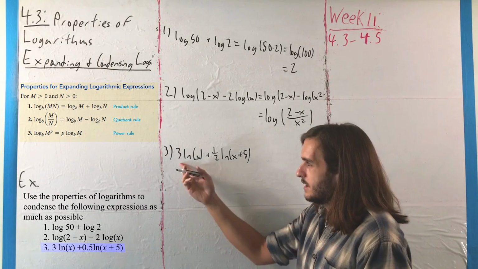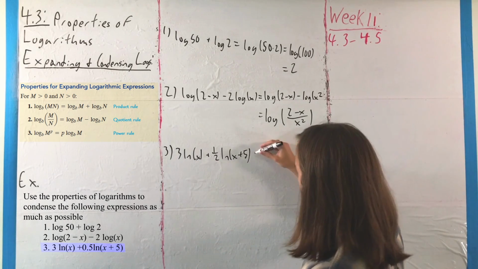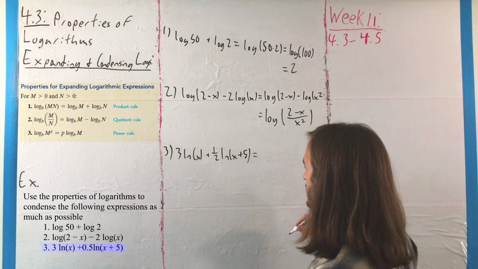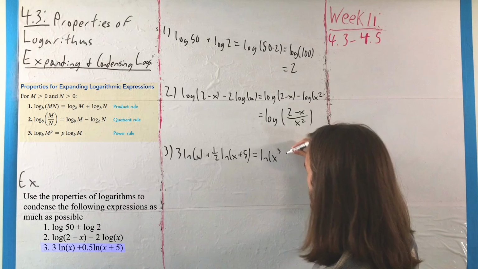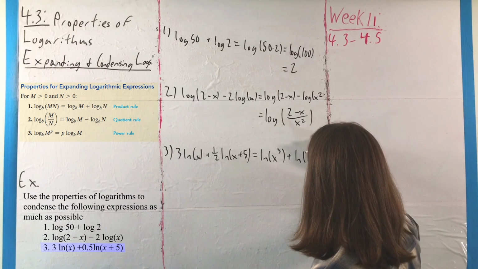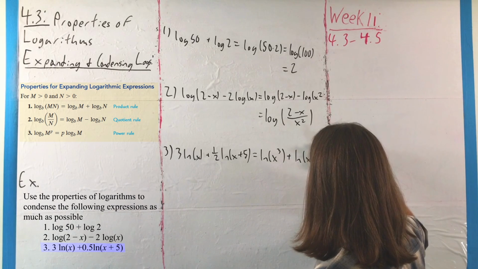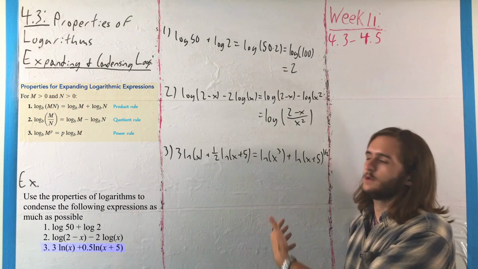But here, I like getting my logarithms as matched up as possible first. So, we would have the natural logarithm of x cubed plus the natural logarithm of x plus 5 to the 1/2, or hopefully you know what that 1/2 power is going to turn into in a second, but I wrote it that way just to be sure.